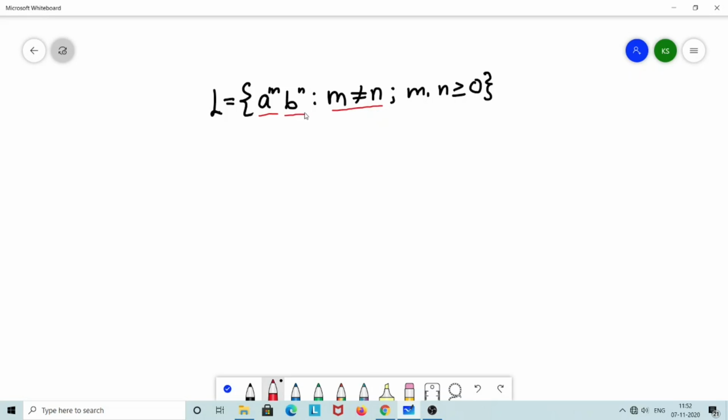In other words, the number of A's occurring in the string should not be equal to the number of B's, and all the A's should occur before the occurrence of B. So these are the two important constraints of the given language. One is the number of A's should not be equal to the number of B's. The other is all the A's should occur before B, and the values of m and n are greater than or equal to 0.